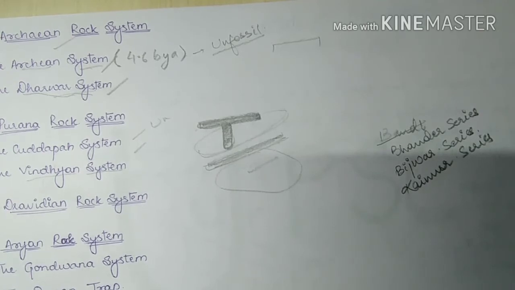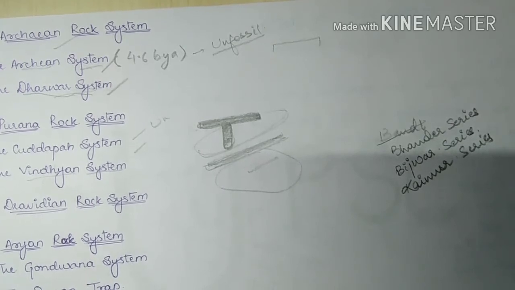The Bhander series has main rocks as sandstone, shales and limestone, which provide good quality building material. Okay, and we have some diamonds and precious stones also here. Then in the Bijawar series, we have main rocks as sandstone, red sandstone, limestone, and quartzite.